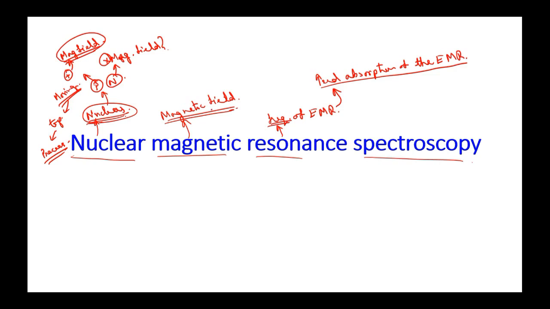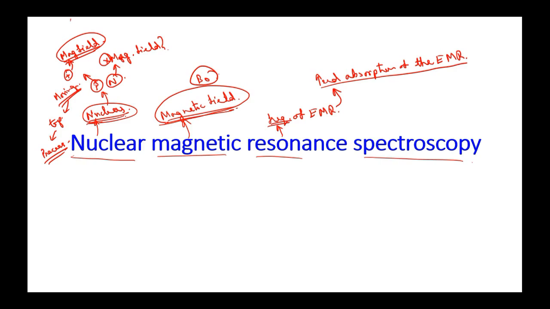Then we have a large magnetic field which we apply externally. This external magnetic field B0 interacts with the magnetic field created by the movement of the protons. That interaction is studied in nuclear magnetic resonance spectroscopy.